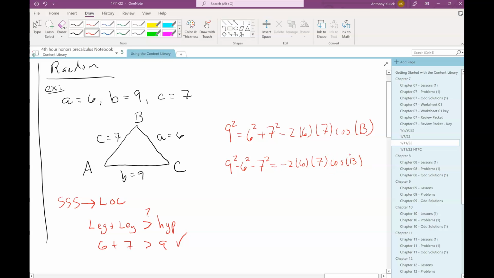That's the way I remember it. Then I need to divide by negative 2 times 6 times 7. Don't drop that negative. That'd be a big problem. You'll get yourself some bonkers answers that way.